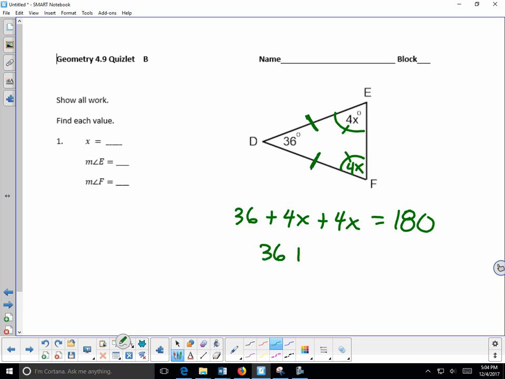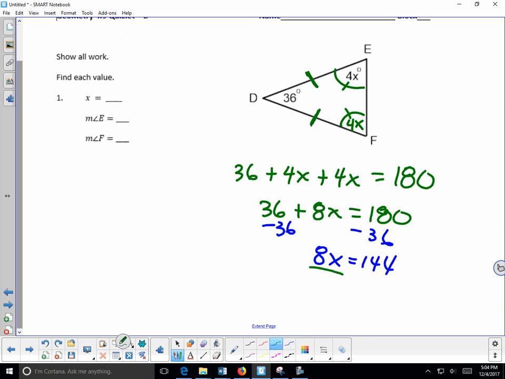So 36 plus 8x equals 180. And we subtract 36 from both sides, and we get 8x equaling 144. And we divide both sides by 8, and we get x equaling 18.